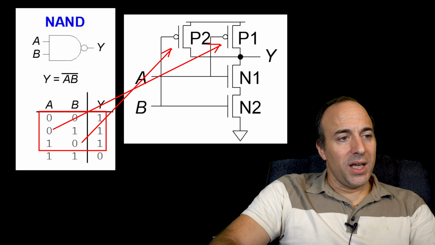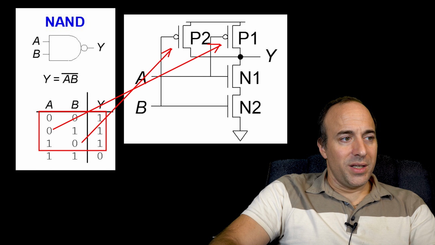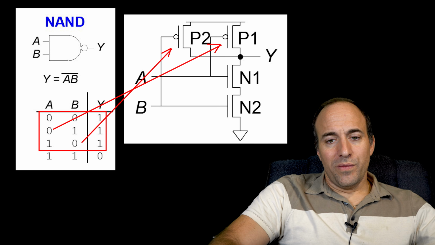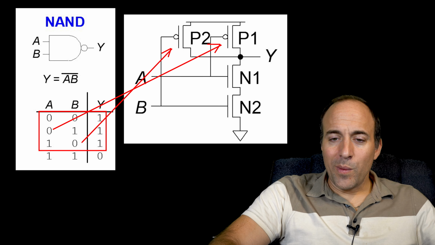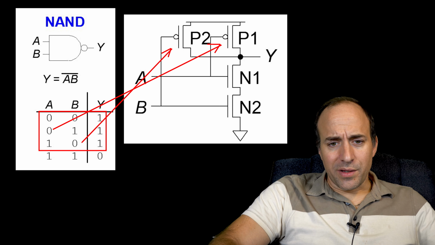And then finally in the third row with an output of 1, B is 0, so we would have a PFET for B connected to VDD and to the output. So now we have 3 parallel paths.